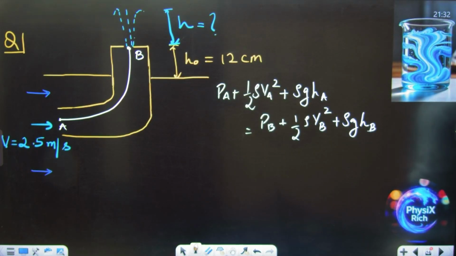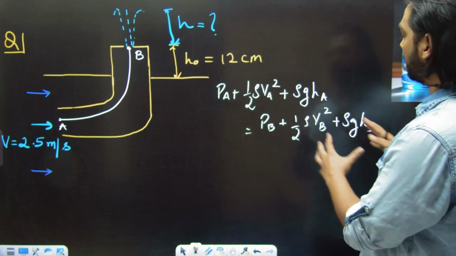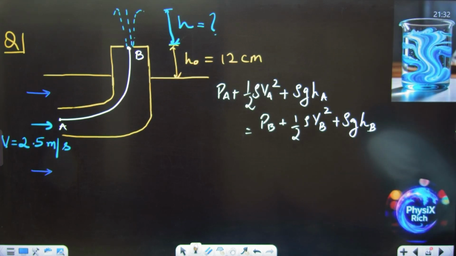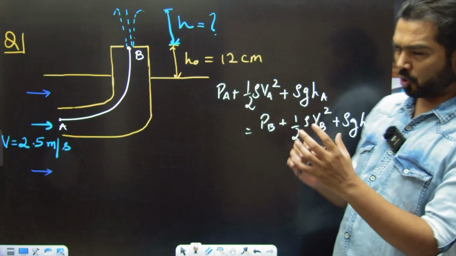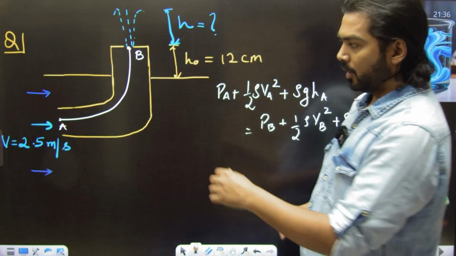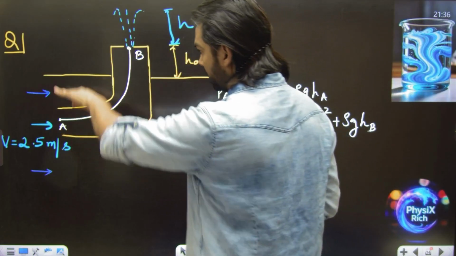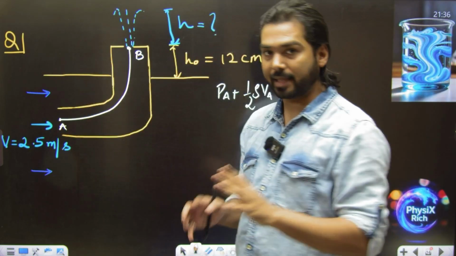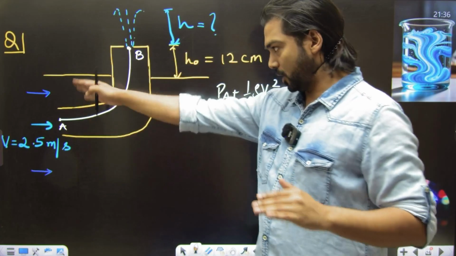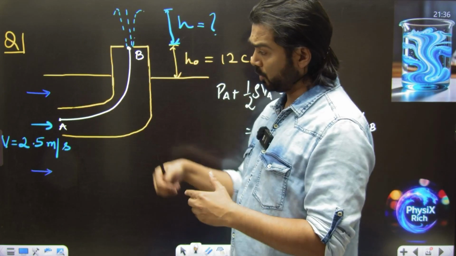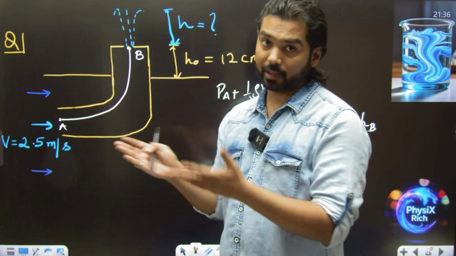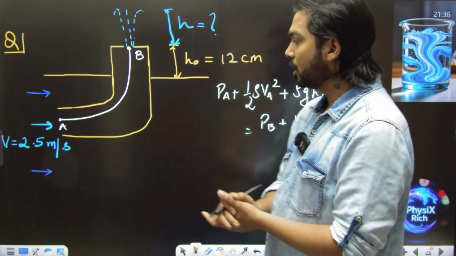Let's see if we can work with this. So we can assume a few things first. Firstly, this depth is negligible because it is not given in the question. If we start including this, we'll need the data, but we don't have it.